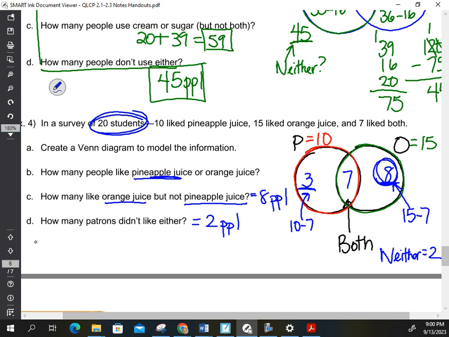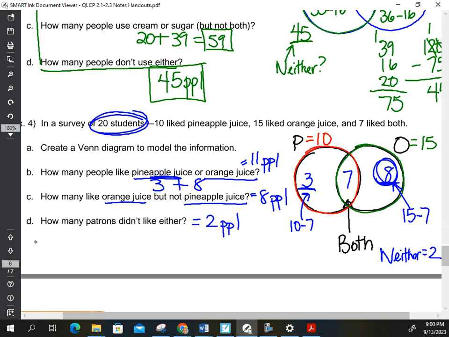Pineapple juice or orange juice: you want pineapple juice by itself and orange juice by itself. 3 people like pineapple by itself, 8 people like orange juice by itself. That's 11 people.